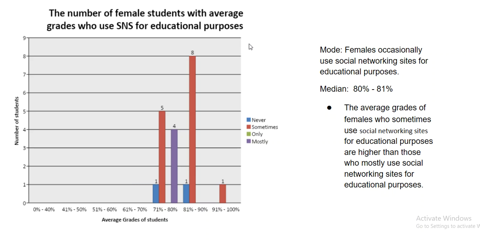The median lies between the range of 80% to 81%. Most of the females answered that they sometimes use social networking sites for educational purposes. The average grades of females who sometimes use social networking sites for educational purposes are higher than those who mostly use social networking sites for educational purposes.